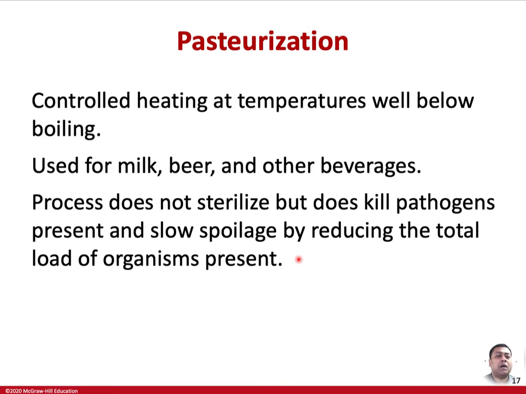It passes through a small heat exchanger where it is very quickly brought to a temperature of 72 degrees Celsius, and the exposure time is only 15 seconds. Just after 15 seconds of exposure, it is immediately brought down to 4 degrees Celsius again. This is known as flash pasteurization, routinely used for milk.